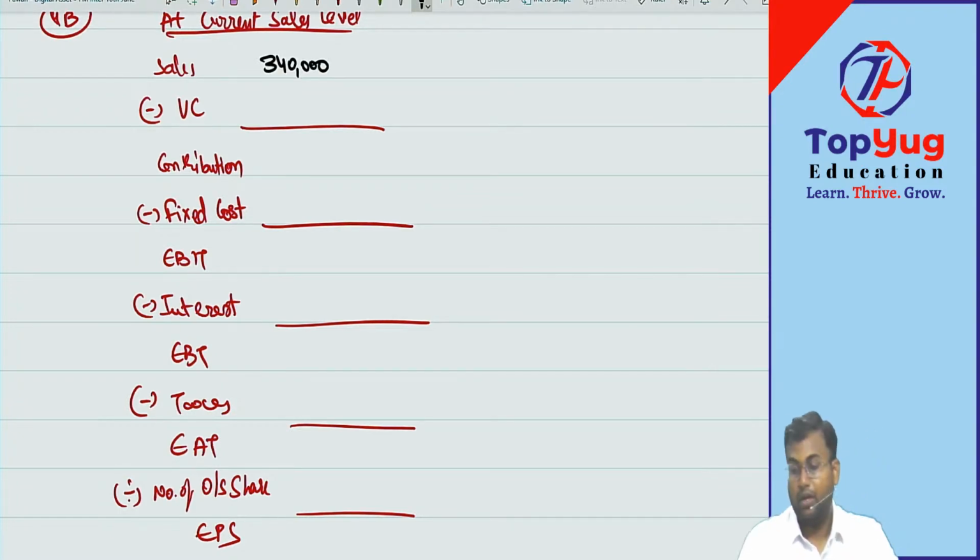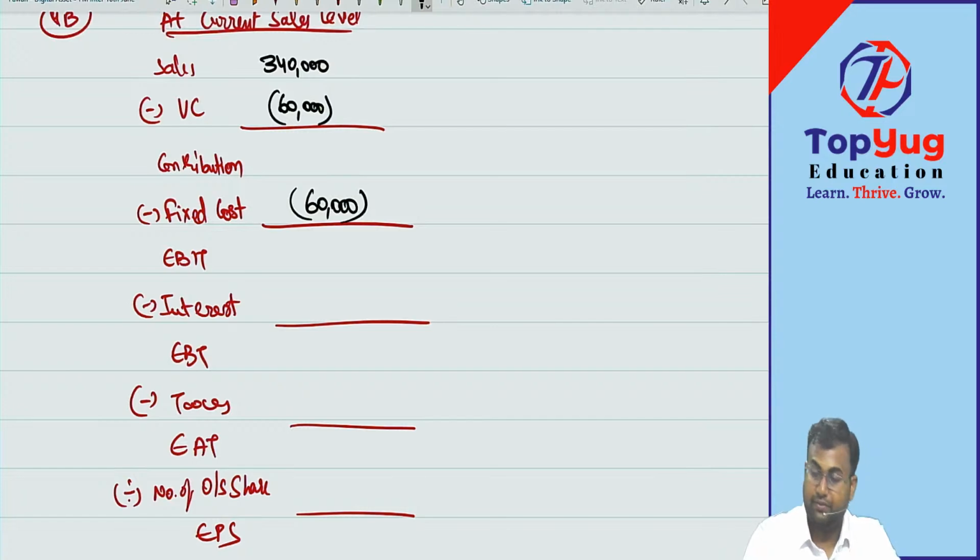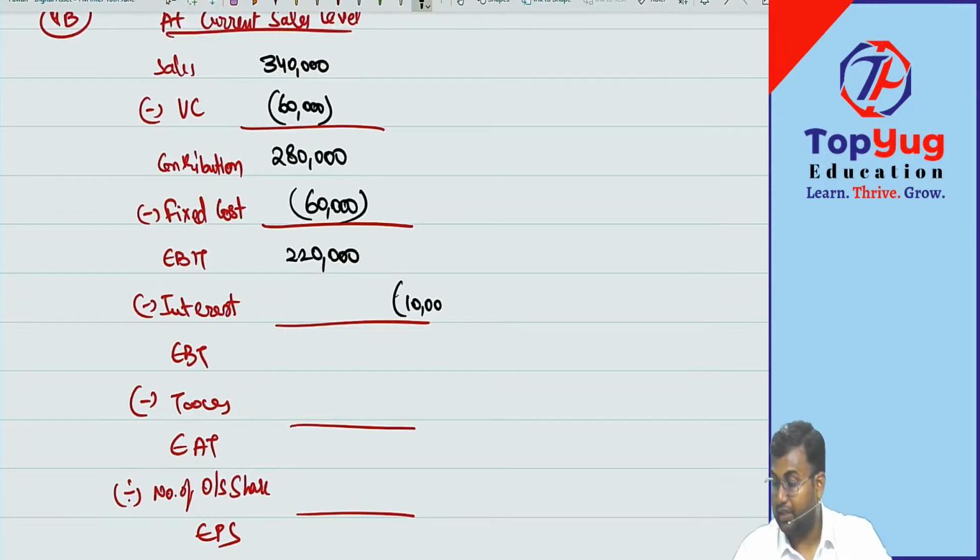Sales 3,40,000. Total operating expenses 120, of which 60,000 is fixed cost. So net 60,000 is variable and 60,000 is fixed cost. You can add up 60 plus 60, 120, that matches. So we'll have 2,80,000 of contribution, which will reduce to 220 of EBIT. Again, you will have interest. How much is the debt number? 6 lakhs into 10%.